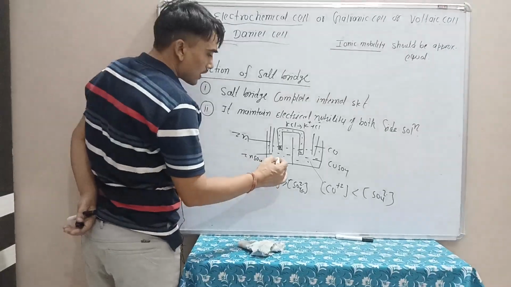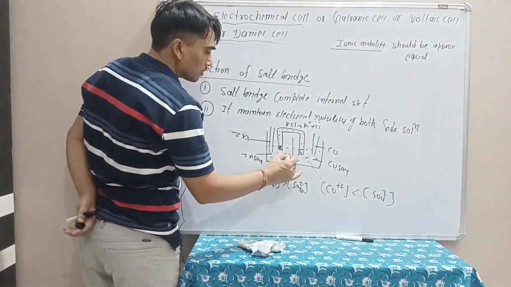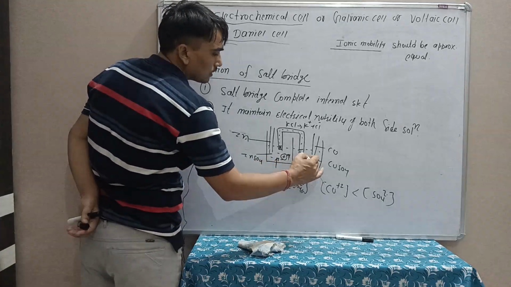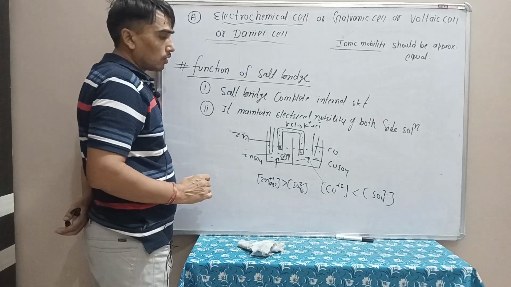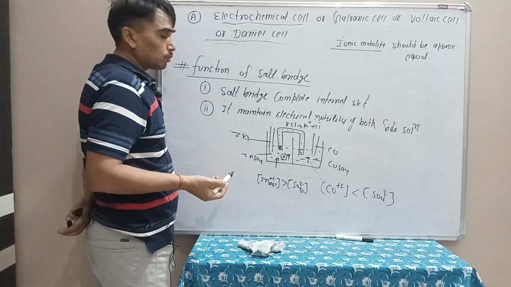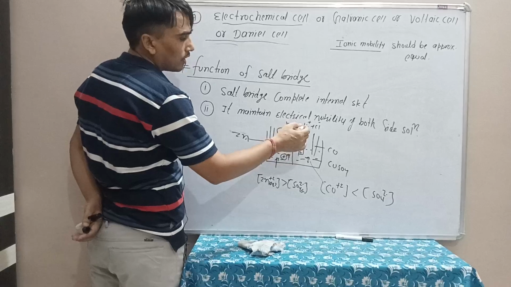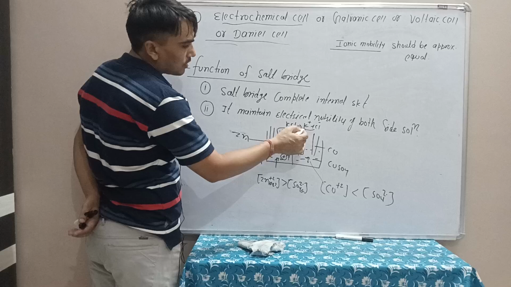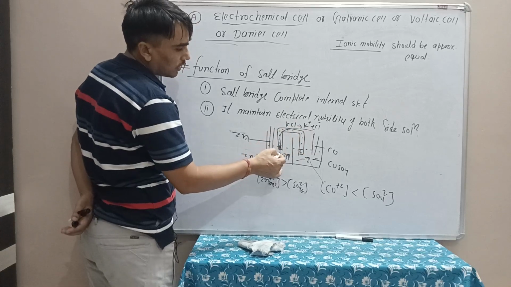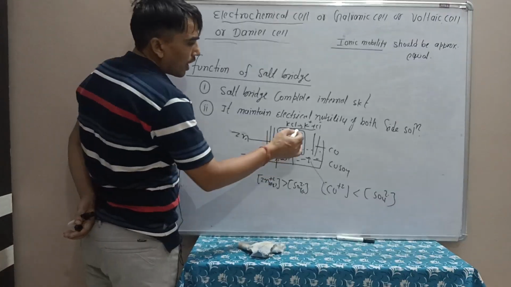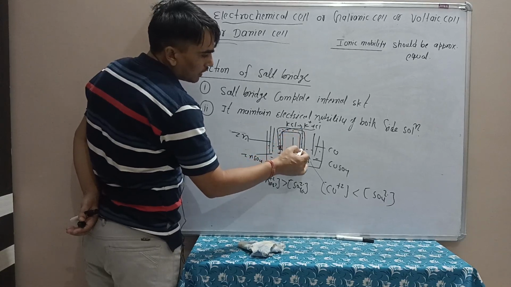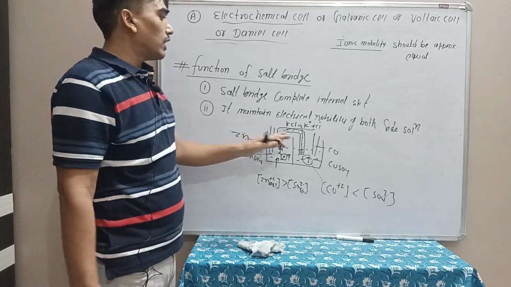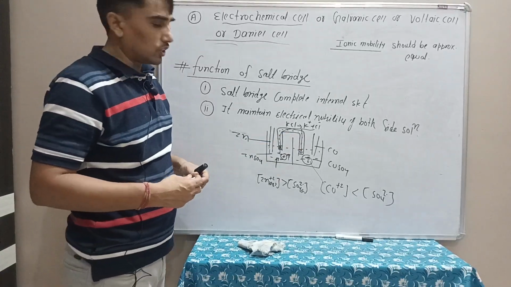It means in this side positive charge will increase and in this side negative charge will increase, which can create potential difference. That's why we use inert electrolyte. If positive charge increases, then chloride ions move there and neutralize it, and potassium moves in this direction and neutralizes the negative. Like this they maintain neutrality of both side solutions.